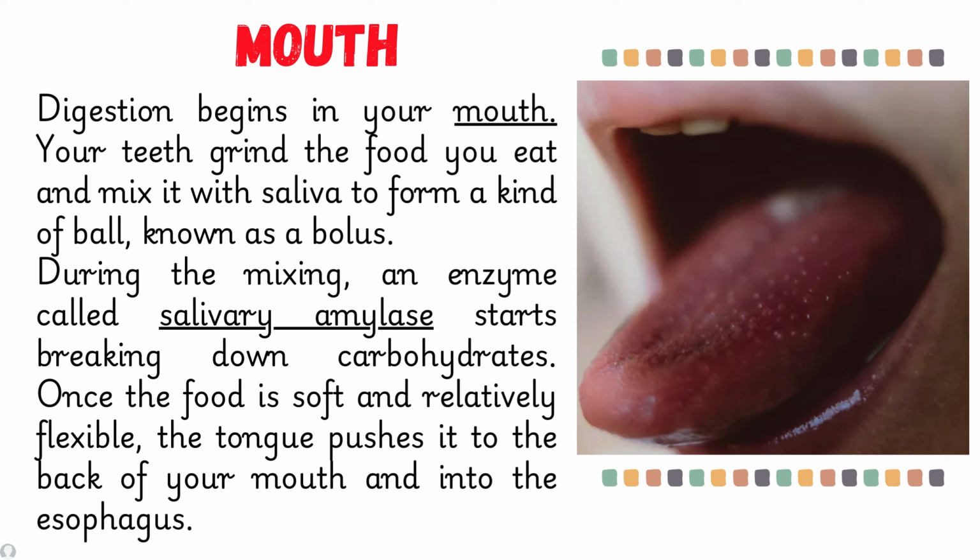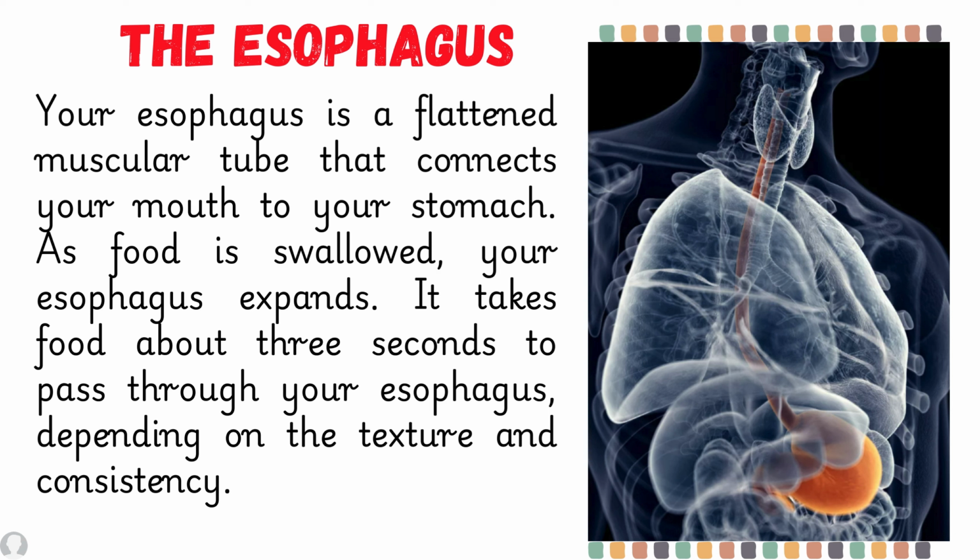During the mixing, an enzyme called salivary amylase starts breaking down carbohydrates. Once the food is soft and relatively flexible, the tongue pushes it to the back of your mouth and into the esophagus.